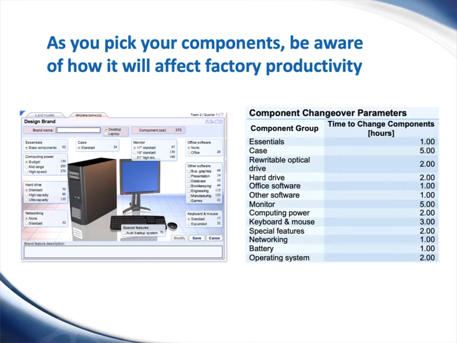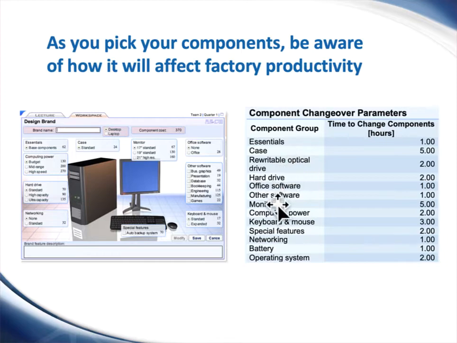So, in summary, make sure that as you pick your components, you're aware of how they will affect your factory productivity. And you will have information on that in the simulation.